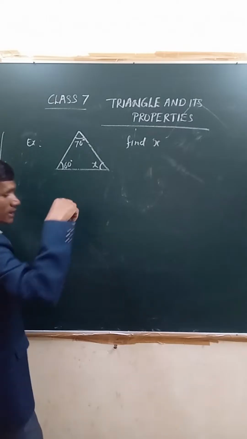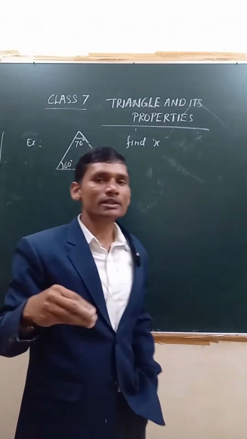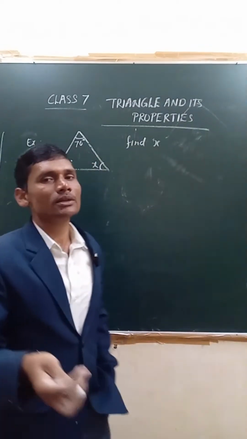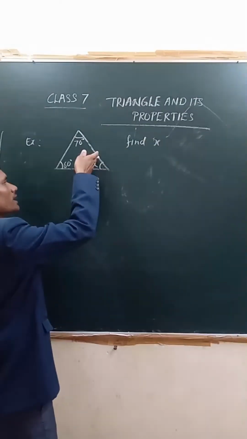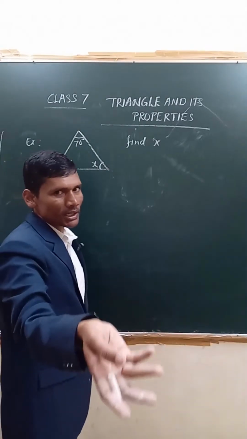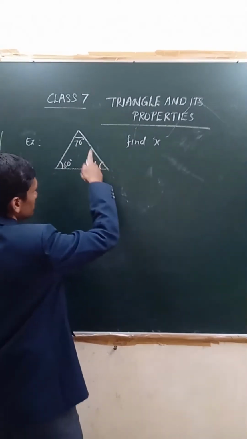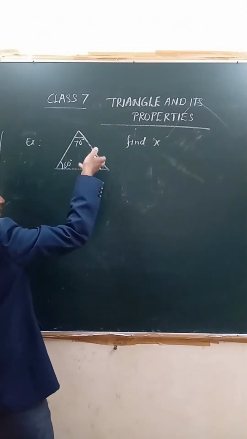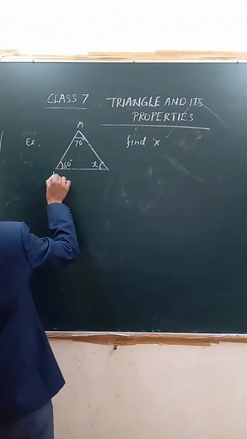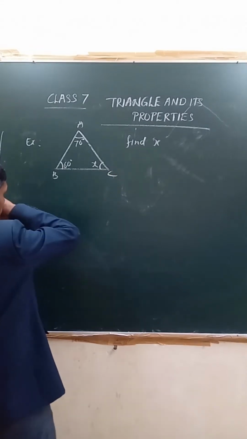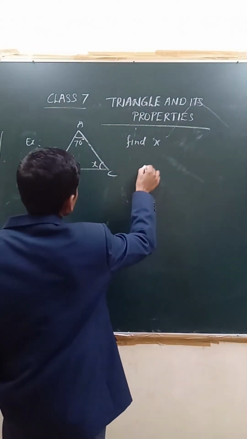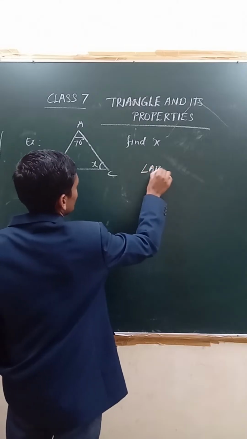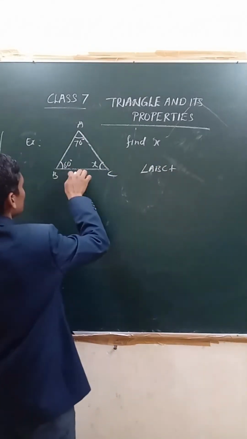You know what we studied, the interior angle sum property of a triangle, right? What it says: the sum of all the interior angles in a triangle is equal to 180 degree. It is a straight angle, right? So by applying that, let us name this. If it is not named, you take letters and name it. Now taking angle ABC, one angle.